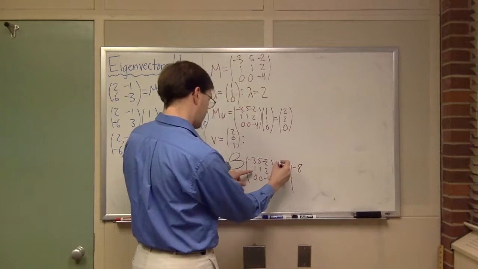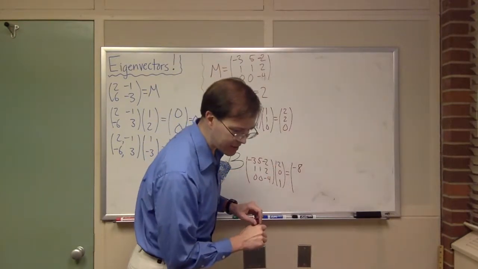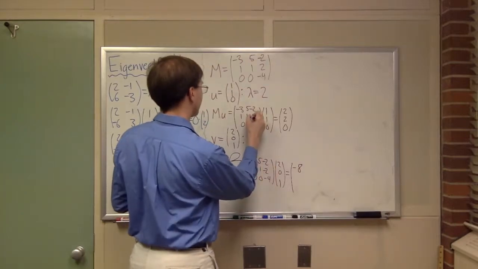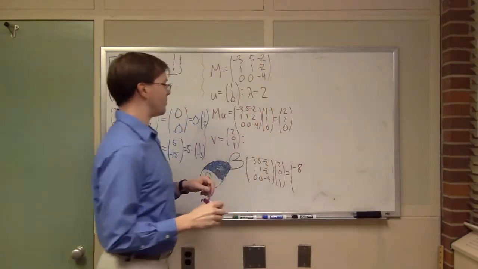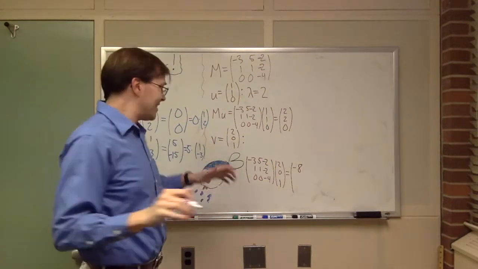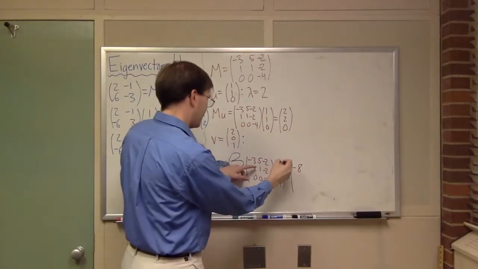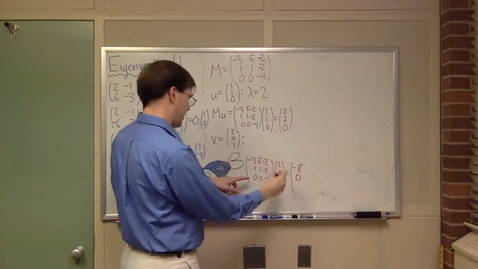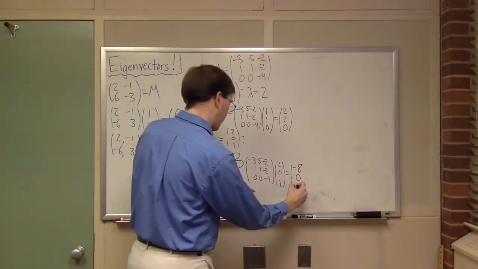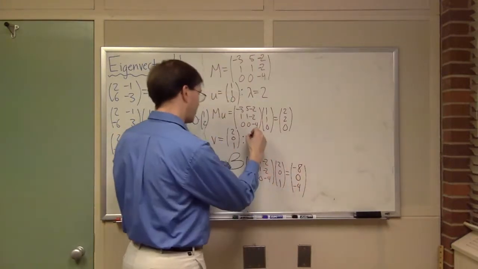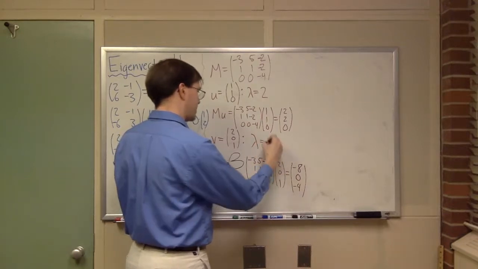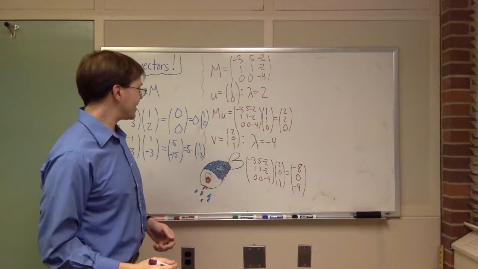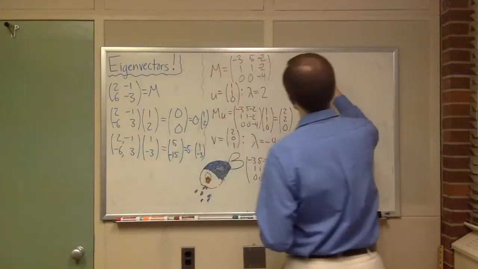Oh, wait, no. Did I have a minus sign here that I missed as well? My goodness, those were both supposed to be minus 2s. And again, that was all in the last space, so I missed it. So 2 plus 0 minus 2 is 0. And 0, 0 minus 4 here. So the eigenvalue for this one is going to be minus 4. And then I'll go ahead and do one more vector.